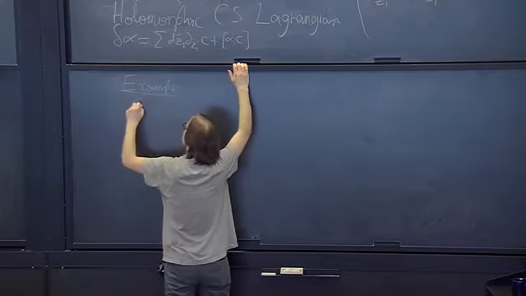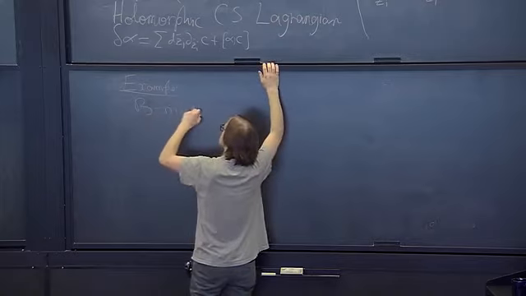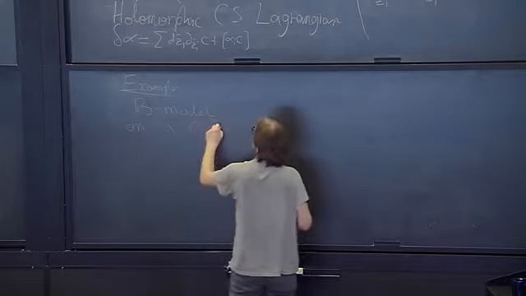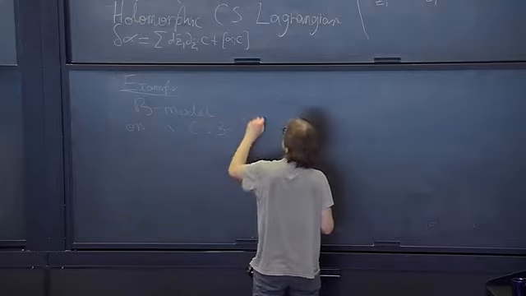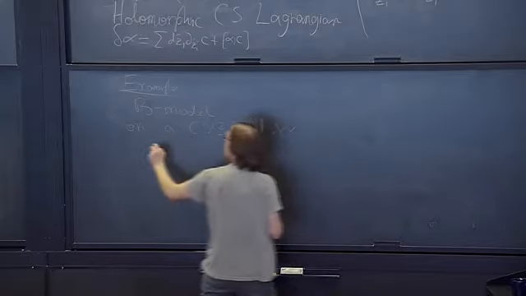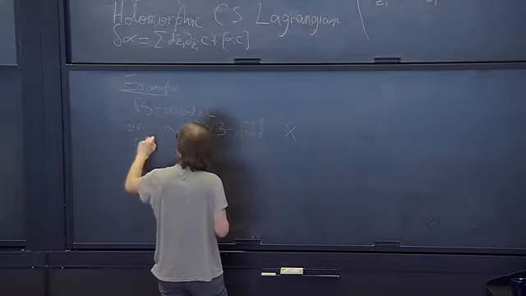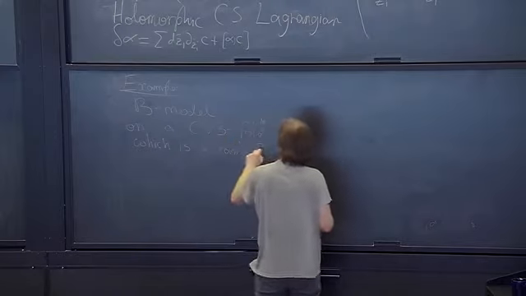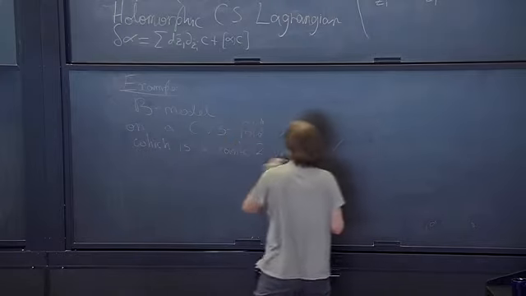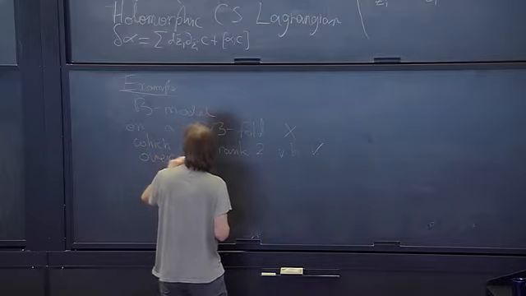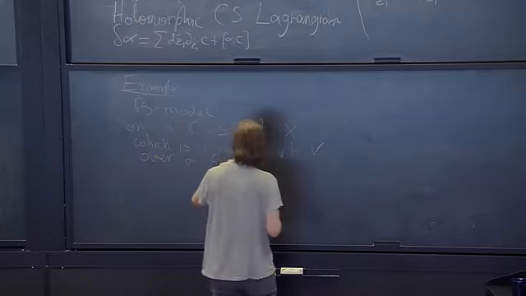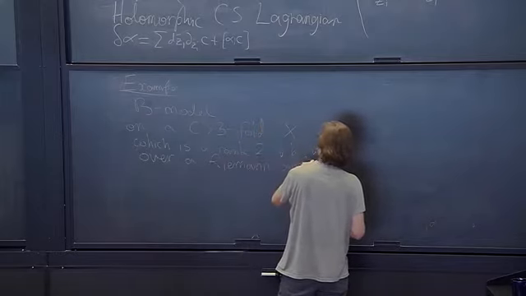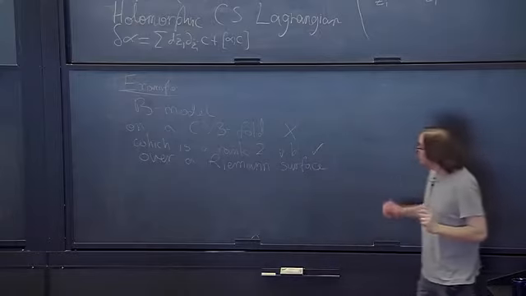So we're going to do the B model on a Calabi-Yau threefold X, which is a rank 2 vector bundle V over a Riemann surface sigma.